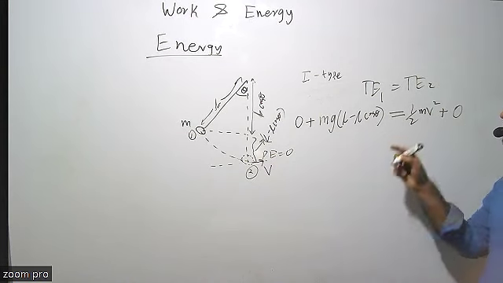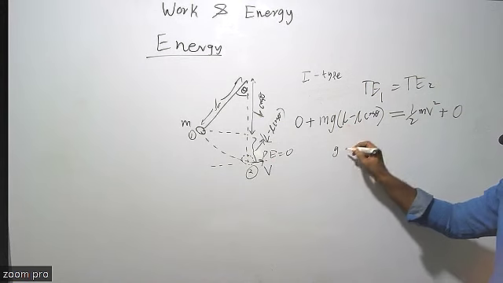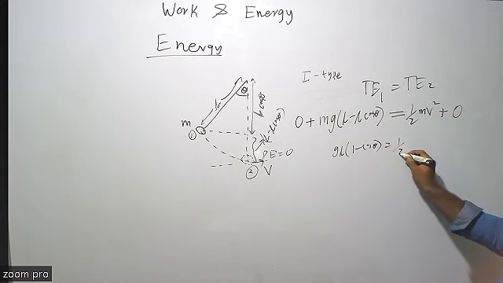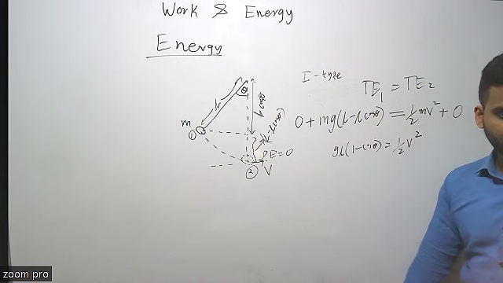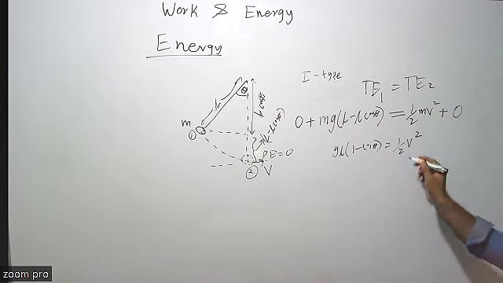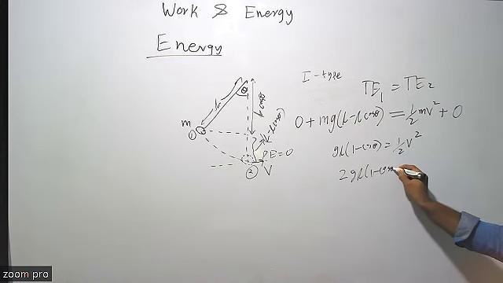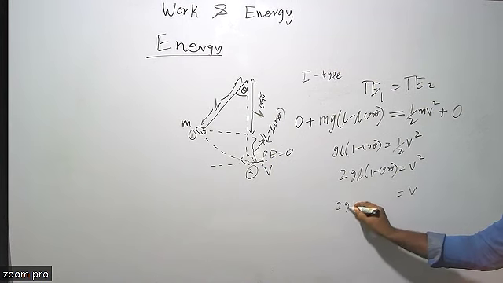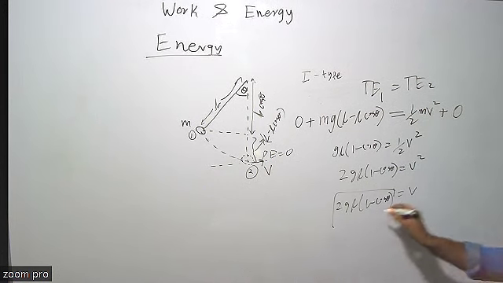Now you just have to simplify. You can take g and L from each: gL(1 minus cos theta) equals half v squared. I got rid of m. Then cross multiply: 2gL(1 minus cos theta) equals v squared. Take the root: v equals the root of 2gL(1 minus cos theta). So that's the velocity.